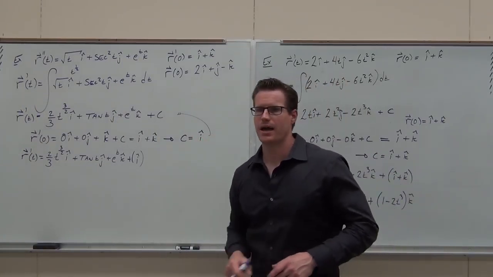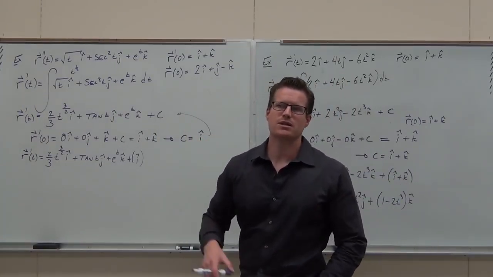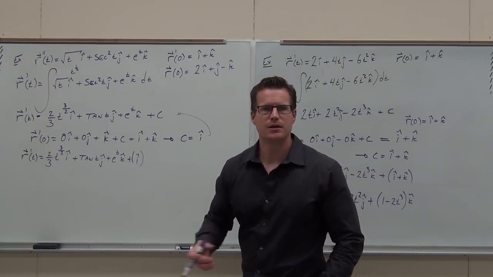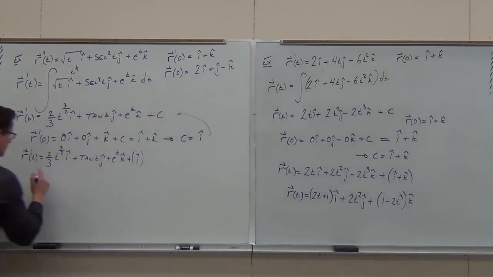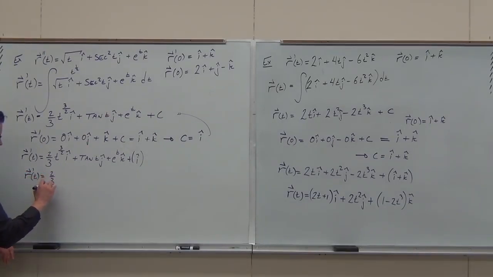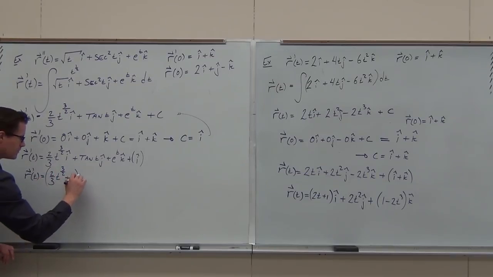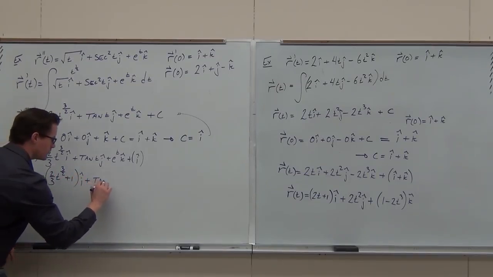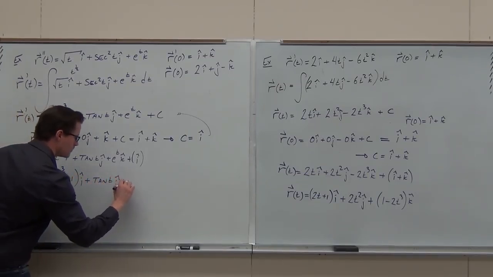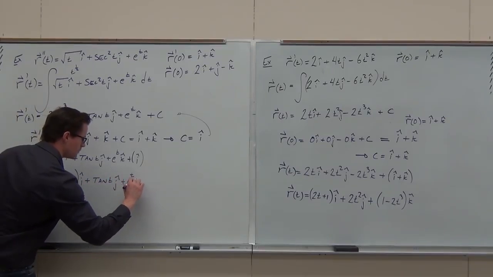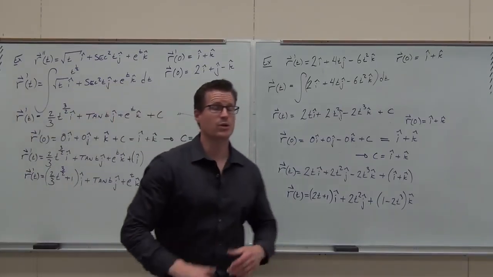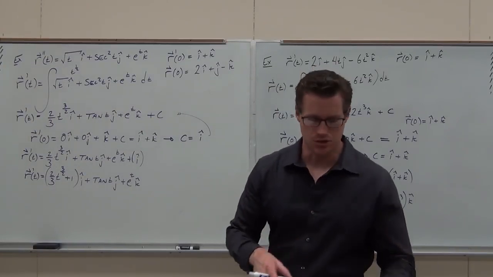Do you ever leave that i hanging out? You actually can, but it's not a good idea. Just put it in with this component of the vector function. And we don't need a plus c anymore. We took care of that plus c with the initial condition.